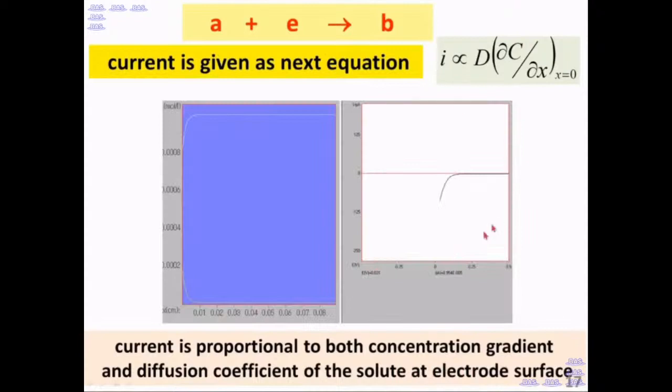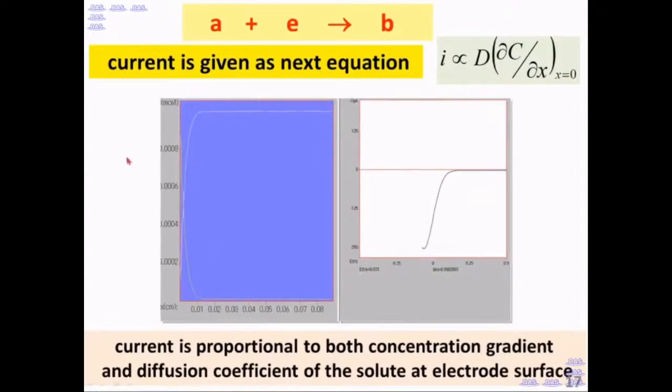This CV profile and this concentration profile around the electrode boundary. Here is the electrode surface, and the solution, with distance from the electrode surface. Then this potential is beyond the peak potential.